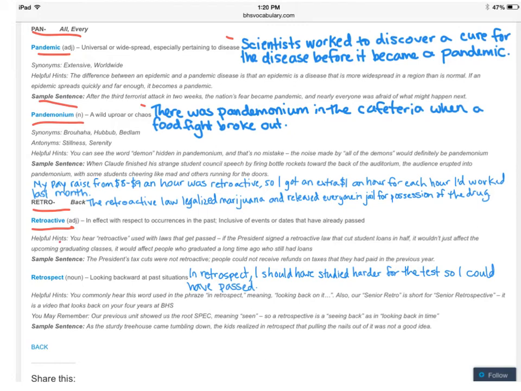Let's give you the helpful hint first. You hear retroactive used with laws that get passed. If the president signed a retroactive law that cut student loans in half, it wouldn't just affect the upcoming graduating classes, it would affect people who graduated a long time ago who still had loans.